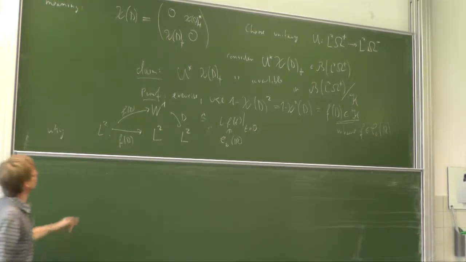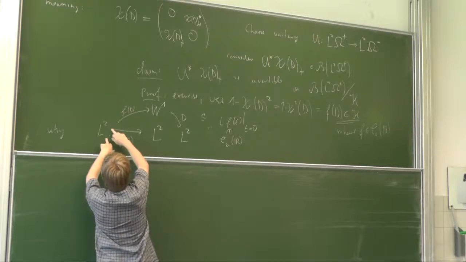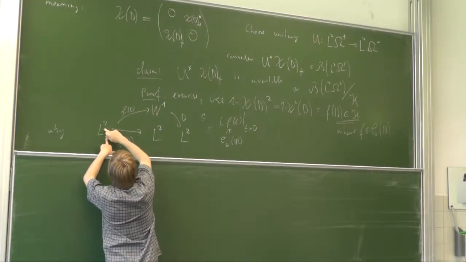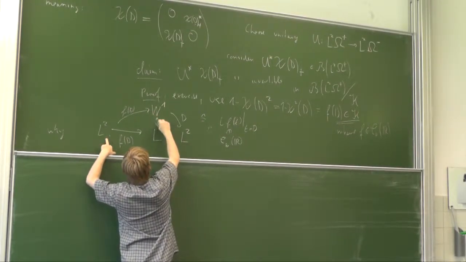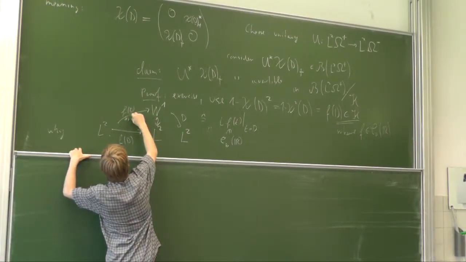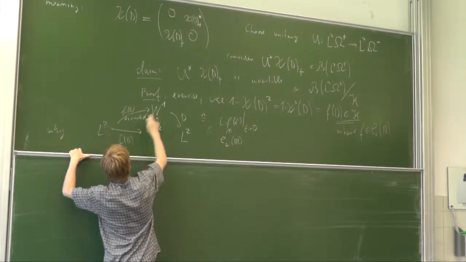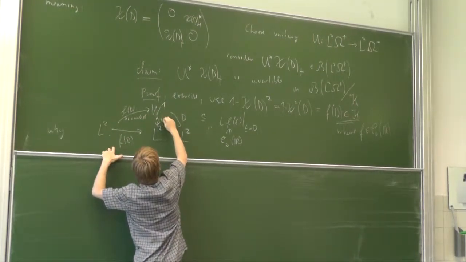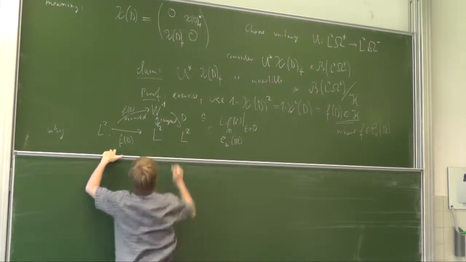Okay? So we can write our f of D as a map from L2 to W1, composed with the inclusion of W1 into L2. Just elliptic regularity used here. And now we're done. This is still bounded for the norms on L2 and on W1. And this here was a compact map.